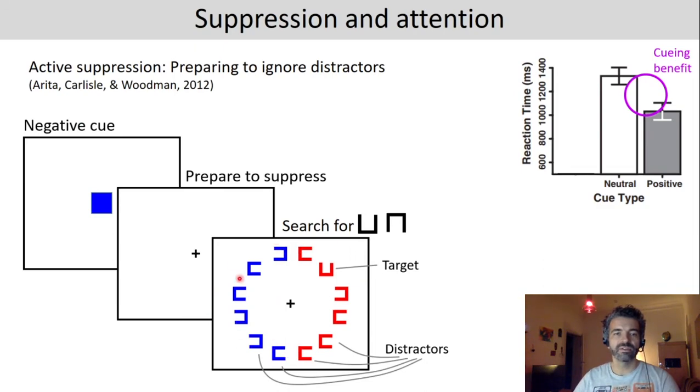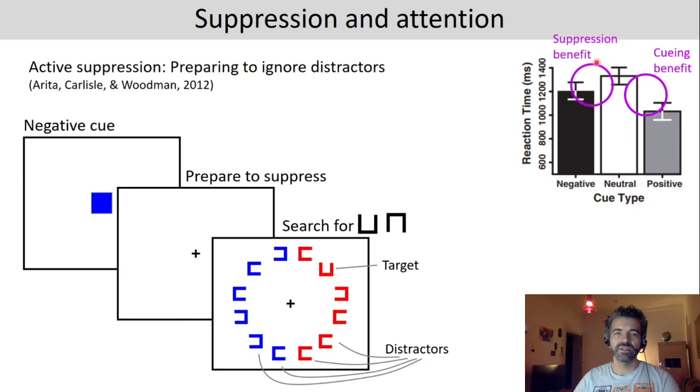So here, what participants could do is they would know that this is a negative cue, so they would be able to prepare to not attend anything blue, and indeed this is a correct cue because the target was not blue.